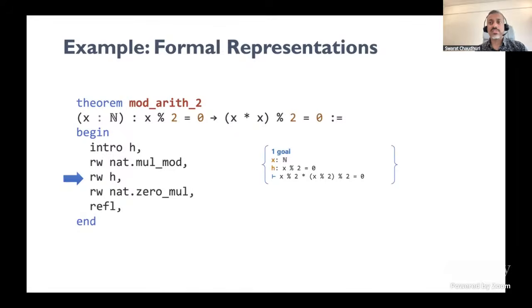These tactics are written by humans, and they encode various rules of simplification in mathematics. For each of these rewrite rules that you're applying, the state is changing. So for example, now the state has changed to showing that x modulo 2 times x modulo 2, the whole thing modulo 2, is equal to 0.